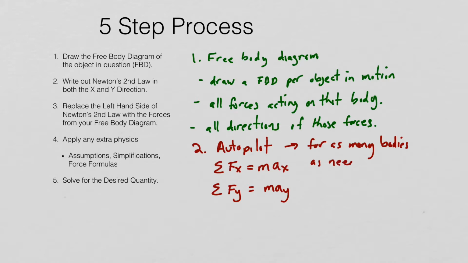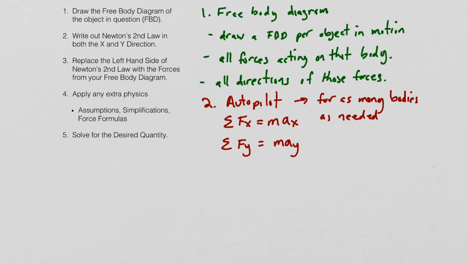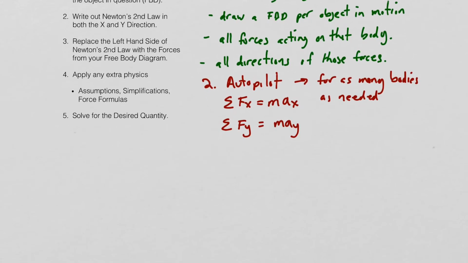So what this means is that we can find ourselves in a situation where perhaps the notation becomes a little bit awkward. You know, what if we have a situation where we have two masses hanging over a pulley, right? We have mass 1 and mass 2.